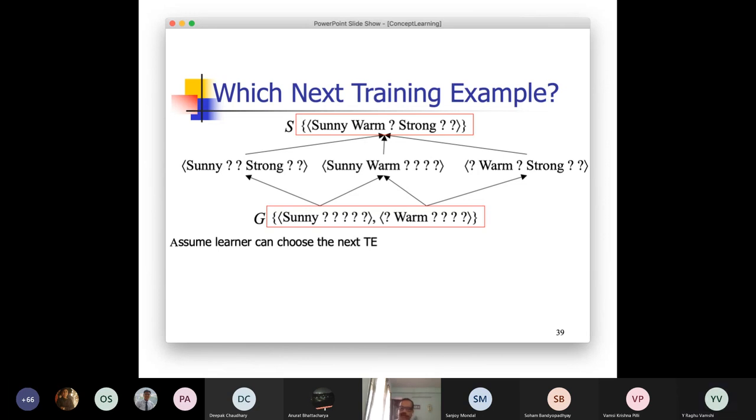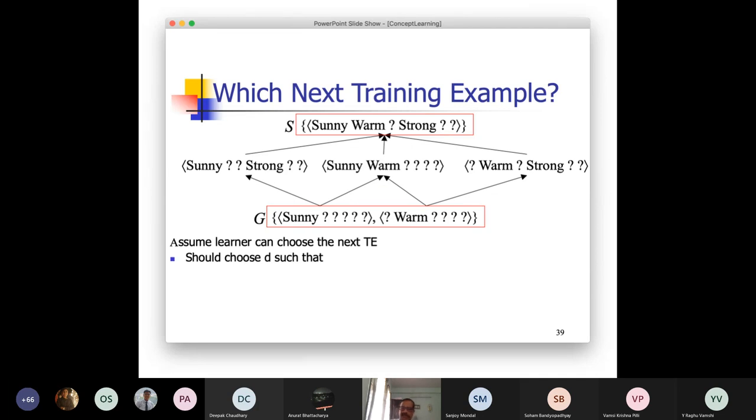But the question is, what is the order of these training examples? The final result is independent of the order. But while computing, does the computational complexity, or the number of operations that you require, depend upon the order of the training examples?